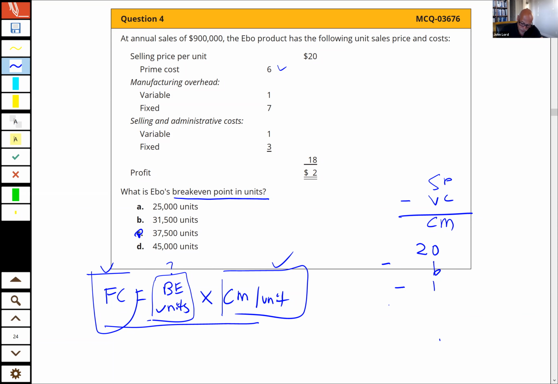Selling and administrative variable. Thank you. Just taking the variable cost. And that gives me a contribution margin of what, 12? Per unit. Okay, so I've got this $12 per unit.